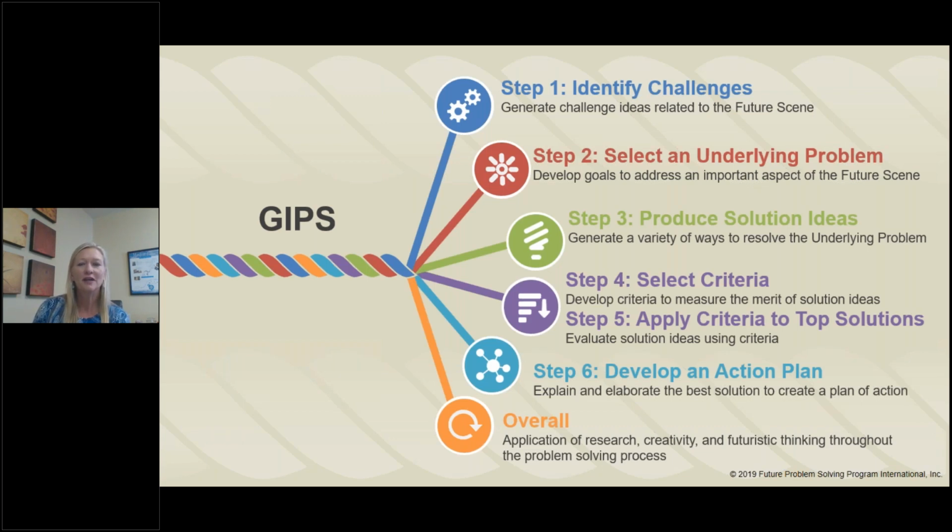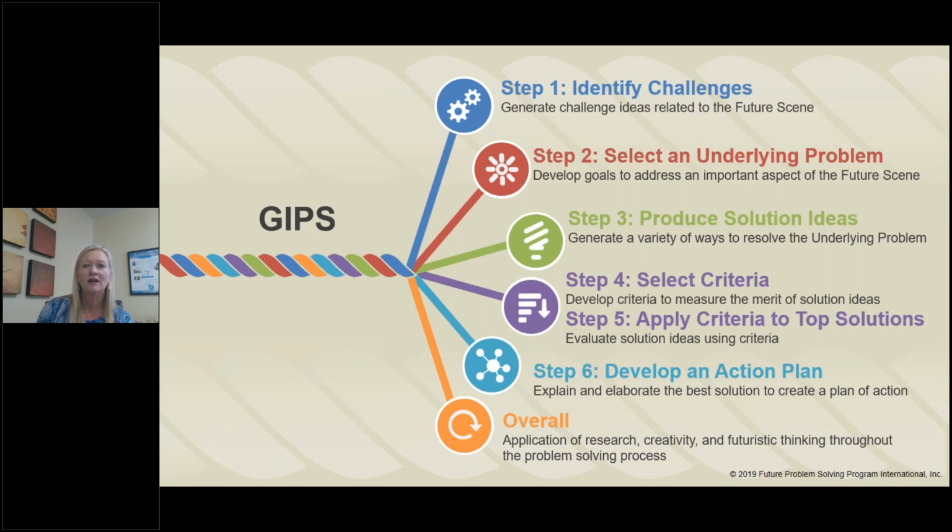Here's just a very brief overview of the different steps in the process and how we are evaluating. So in step 1, we're going to be looking at the challenge ideas that the students generate and how they are connected to the future scene.